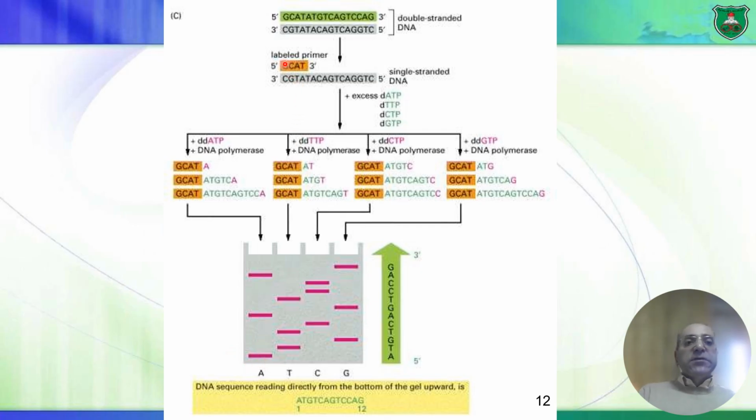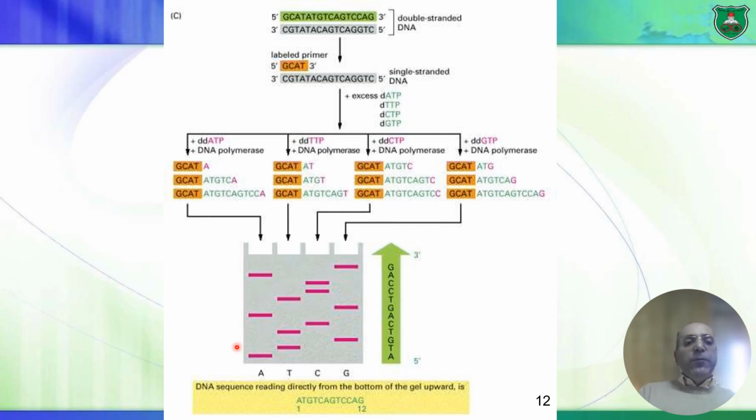Remember, synthesis goes from 5' to 3'. Okay, so when A is added, it's near the 5' end. So here we have an A, and then we have a T, and then we have a G. Okay, so they differ by one nucleotide. Okay, now we have a T, right? We have a C, we have an A, we have a G. So that's really the sequence.